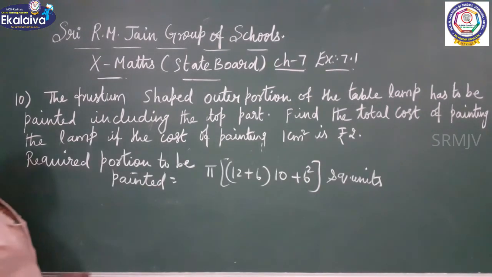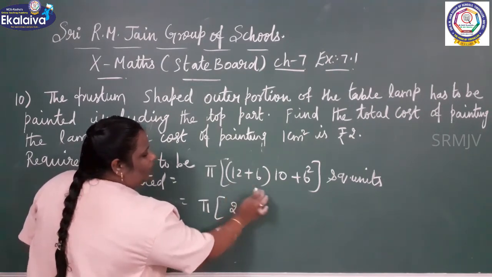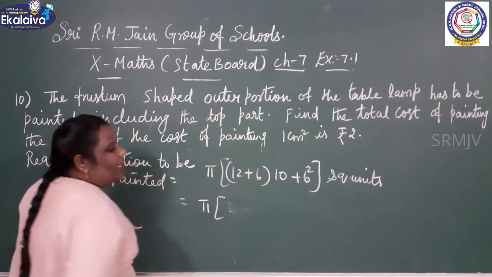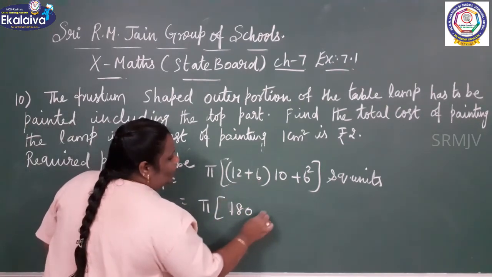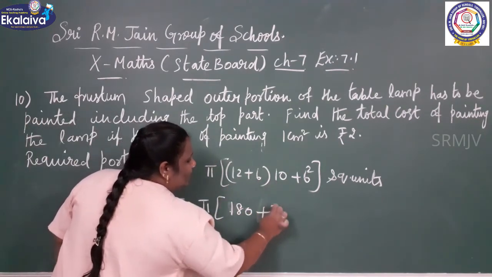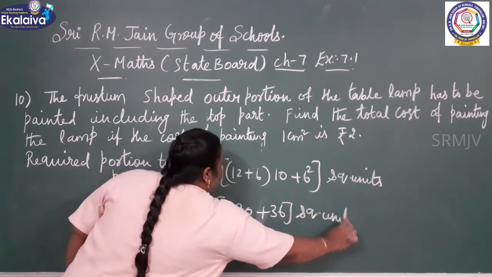So it gives pi into 18, 12 plus 6 is 18. 18 into 10 is 180, plus 36 square units.